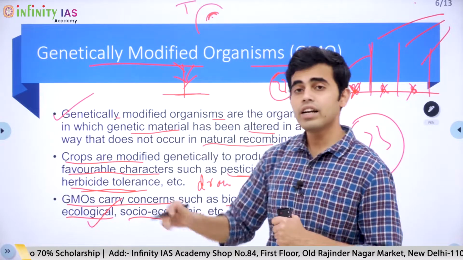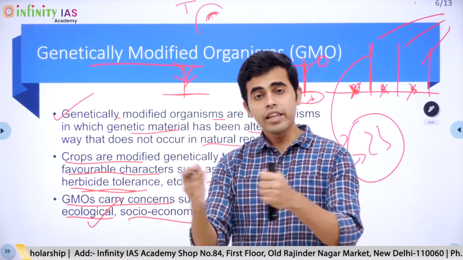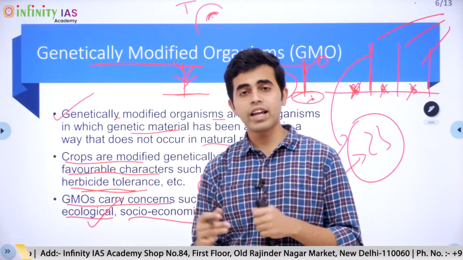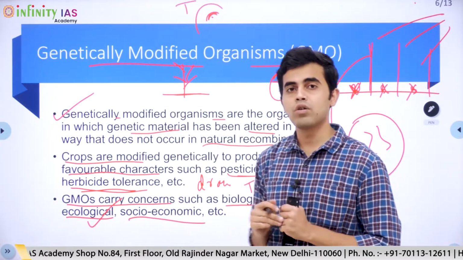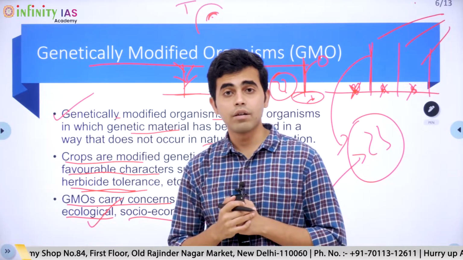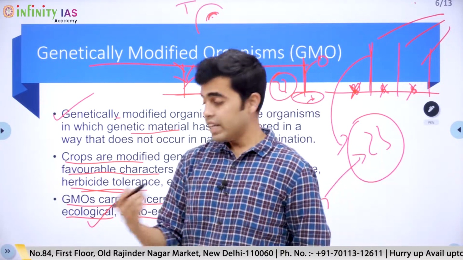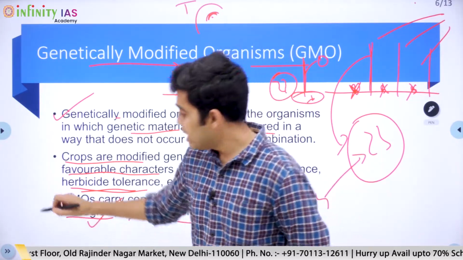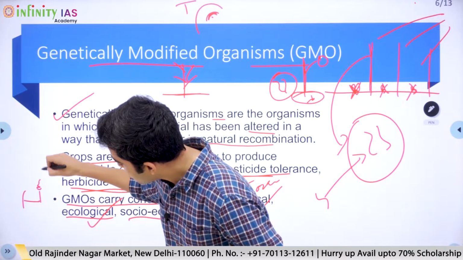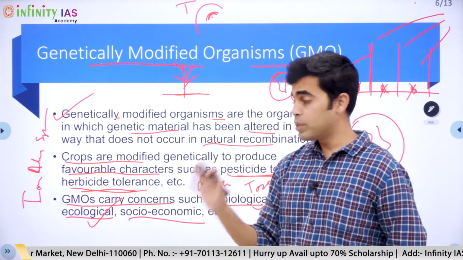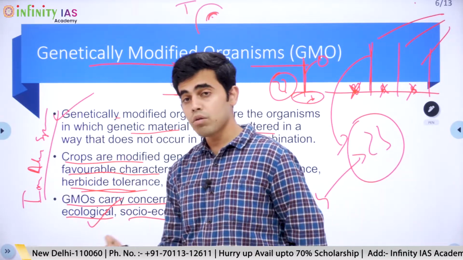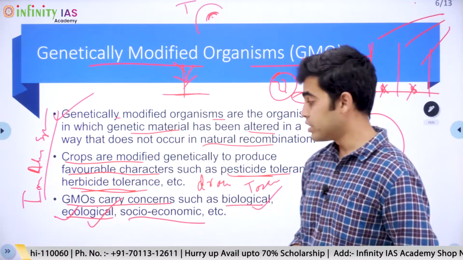Because it naturally does not belong to that area, the other organisms or the other plants are not accustomed to this plant growth. So that becomes a concern. So we might inadvertently introduce invasive alien species. So this is also a concern when it comes to ecology.